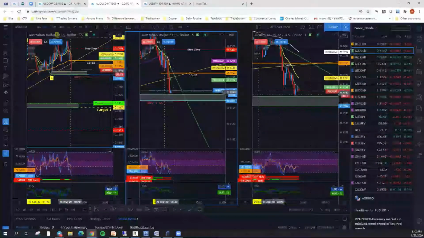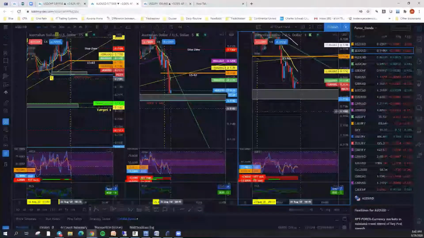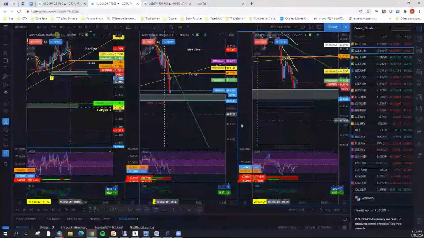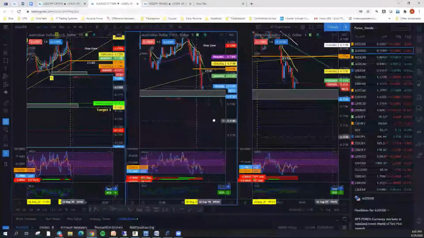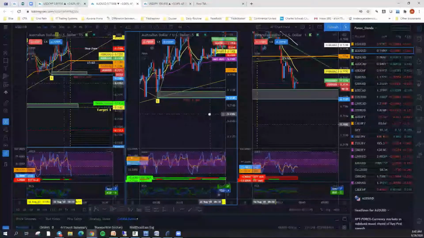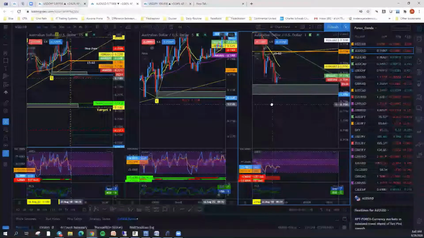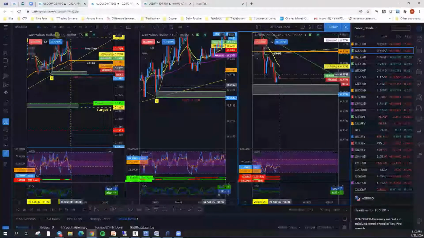And so we have to get through this little green area right in here. It's got to plow through that. You see it came right down to that and bounced.